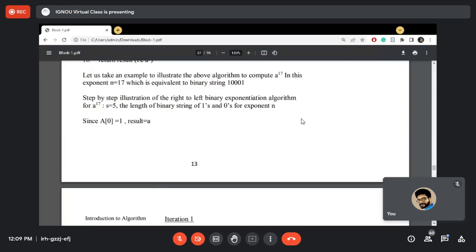A similar example is given here. Let us take an example to illustrate the above algorithm. Compute a to the power 17. In this exponent, n is equal to 17, which is the binary string 10001. So we initialize a0 equal to 1, so the result is equal to a.